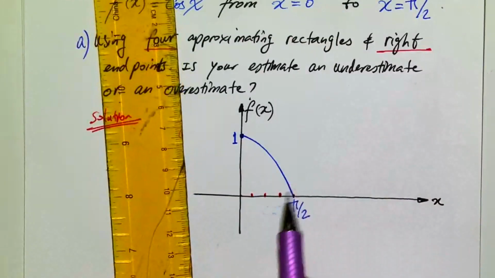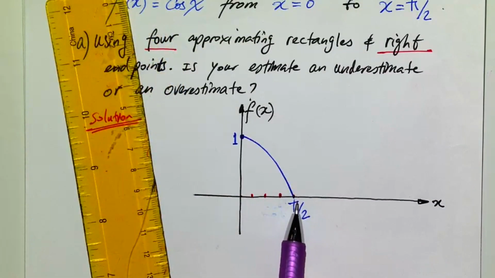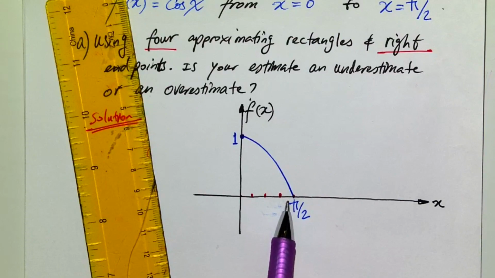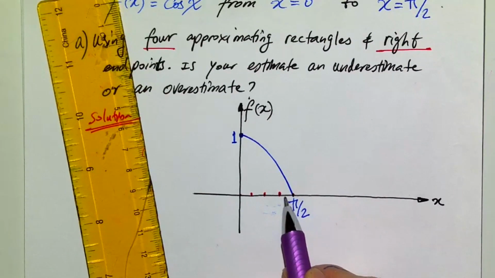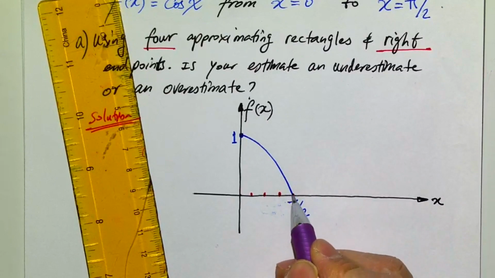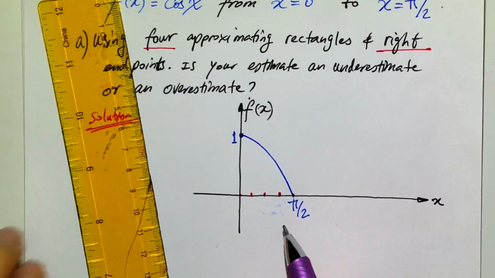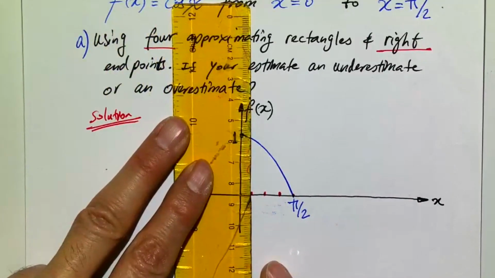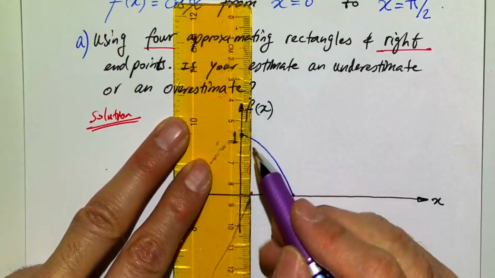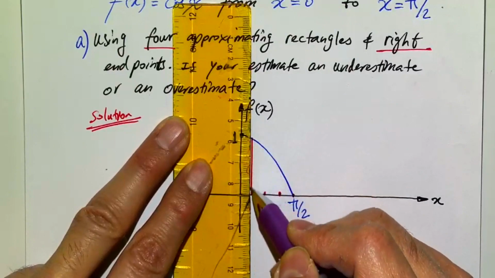So the right point of the last rectangle, notice, is on the curve on the x-axis. So we're not going to get any rectangle for that. Okay, or we will get, yeah, I mean, it would have 0 area basically, and the right point sits on pi over 2. Okay, with this approach. So let me now draw the rectangles. So we have one here.